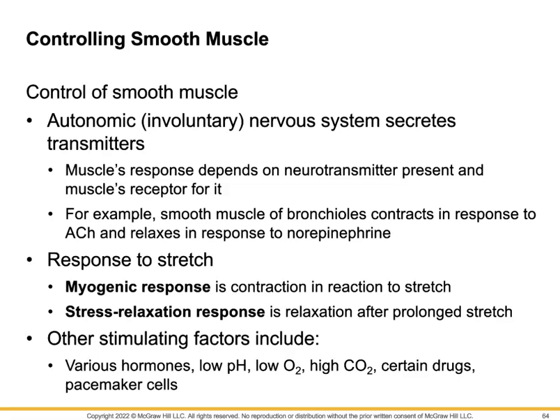That pushes things along the pathway in a rhythmic muscular contraction that we call peristalsis. Now, many other things can affect the way the smooth muscle contracts, including changes in pH, oxygen, CO2, certain drugs, and anything that affects the pacemaker cells that can initiate contraction.